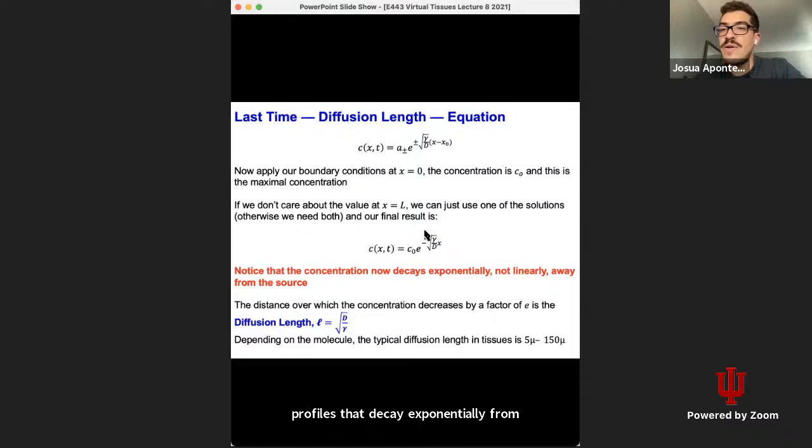And the rate of decay of that concentration is given by this term, the square root of the decay rate over the diffusion coefficient. And then we call the diffusion length the square root of the diffusion coefficient over the decay rate.